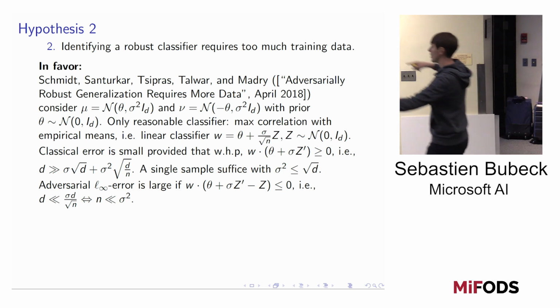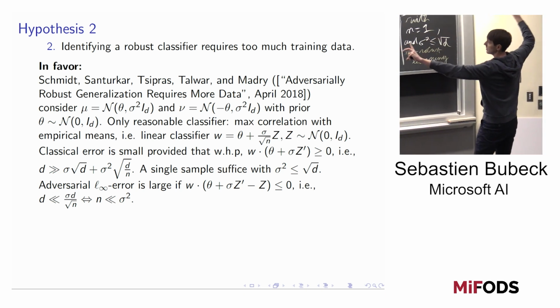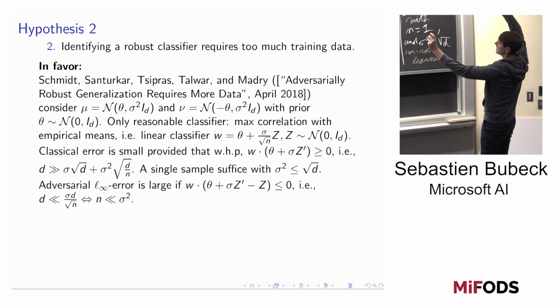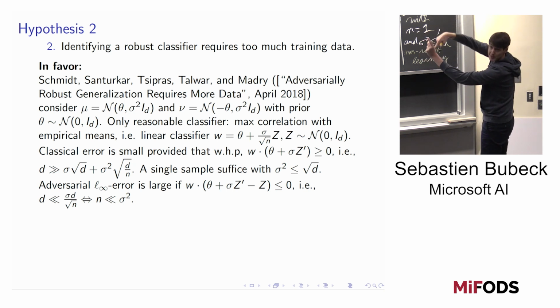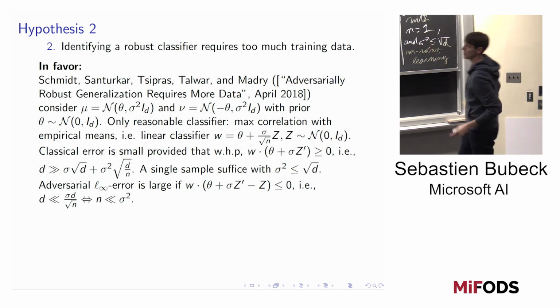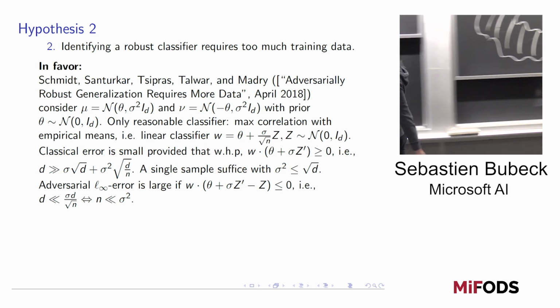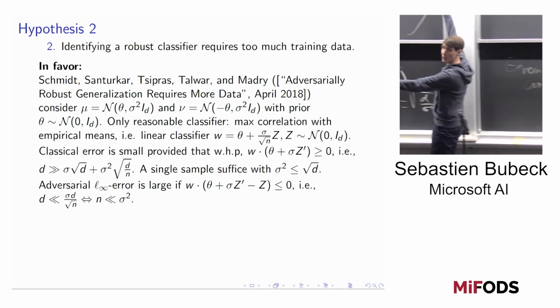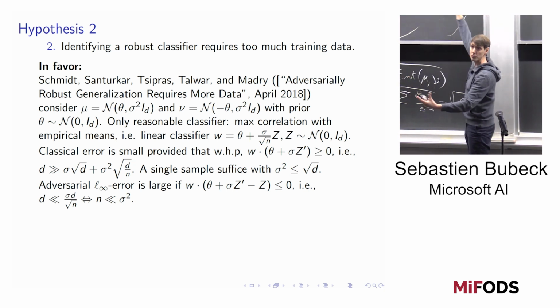So if you want, it's like I have those two distributions. I got some average here and here. Now I get a new point from this distribution, and I'm just going to push it towards that point. That's my adversarial perturbation. But you can see in this picture, if the balls are crazy overlapping like this, then of course a small perturbation is going to put me in the other one.